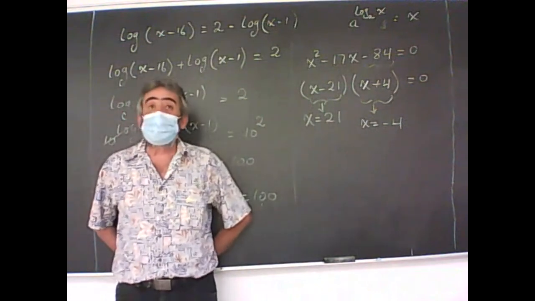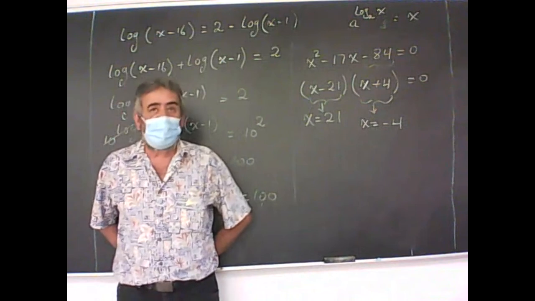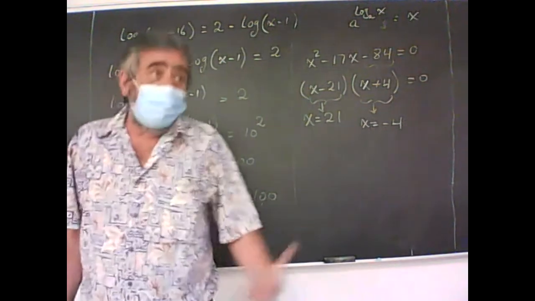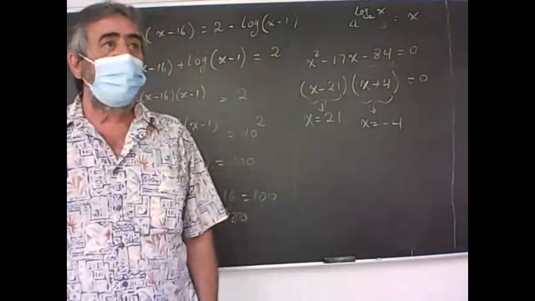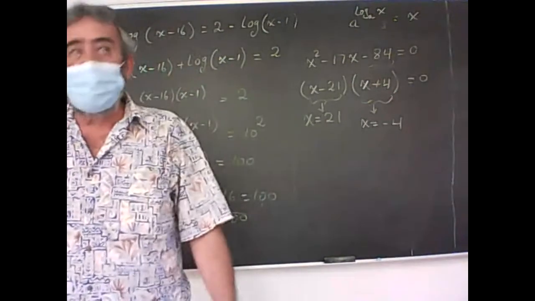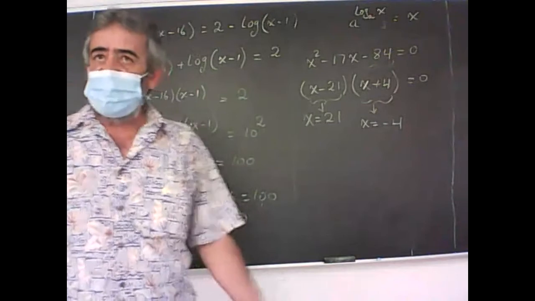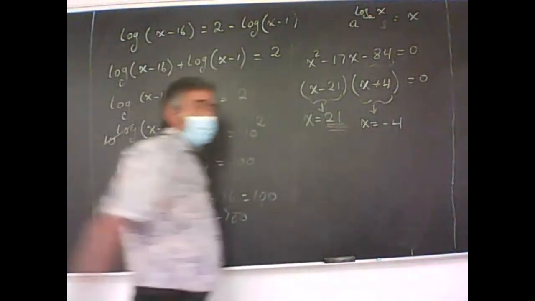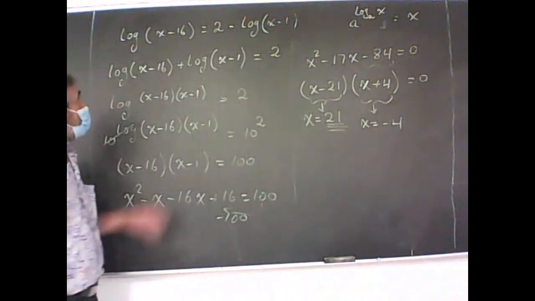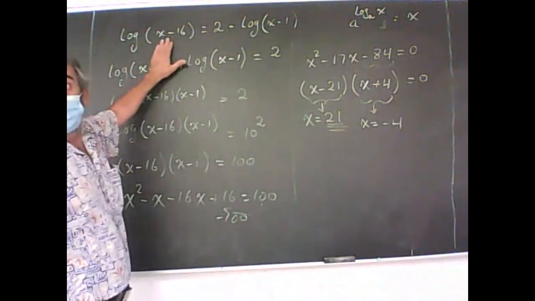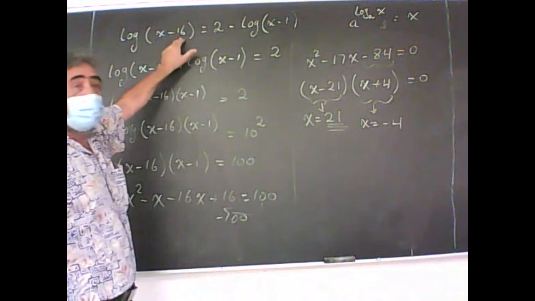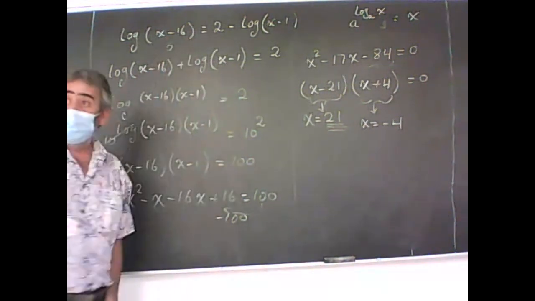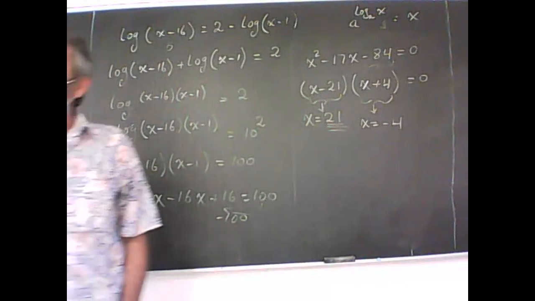However, we need to go back and check our numbers to see which one is a good number. Maybe both of them are good, I don't know yet. Or maybe none of them is good. Okay, let's check. If x is 21, let's go back and put it into the equation. What's 21 minus 16? 5. Yeah, 5 is a good number.